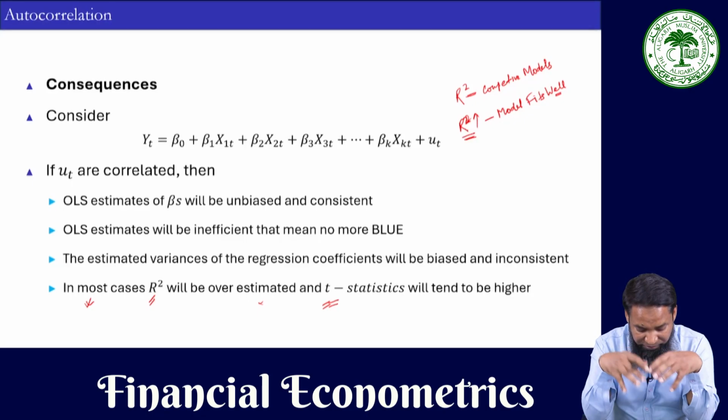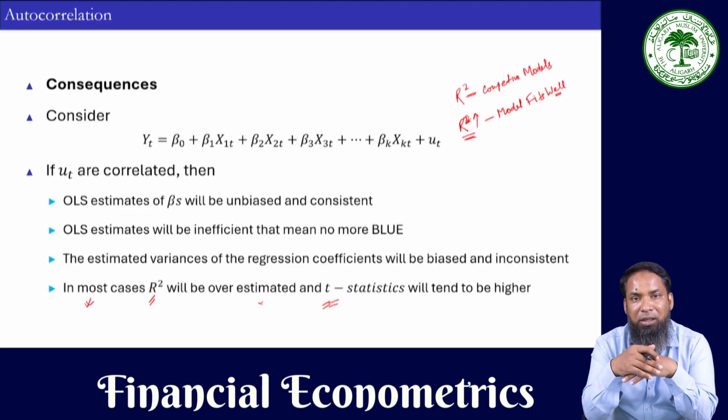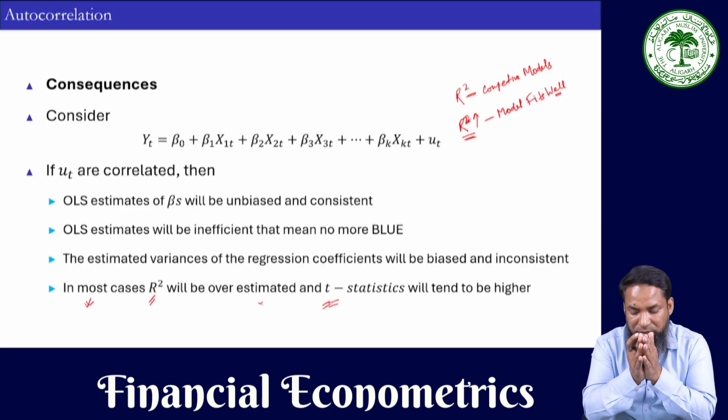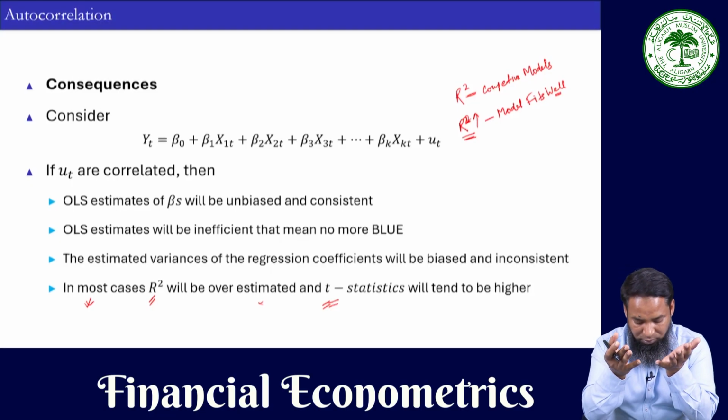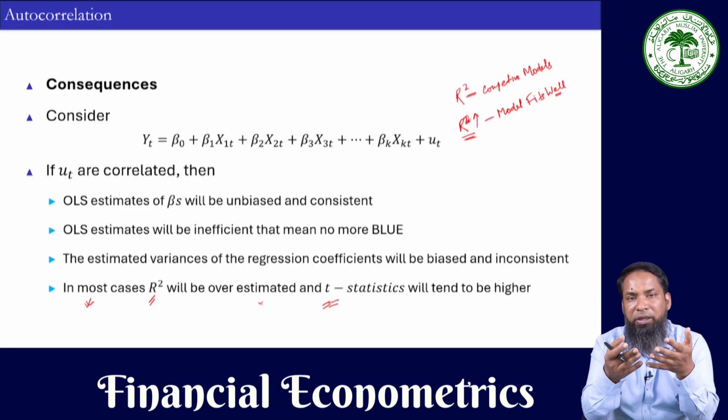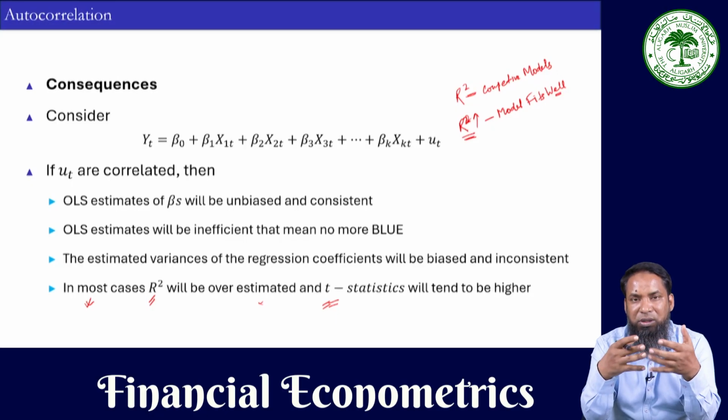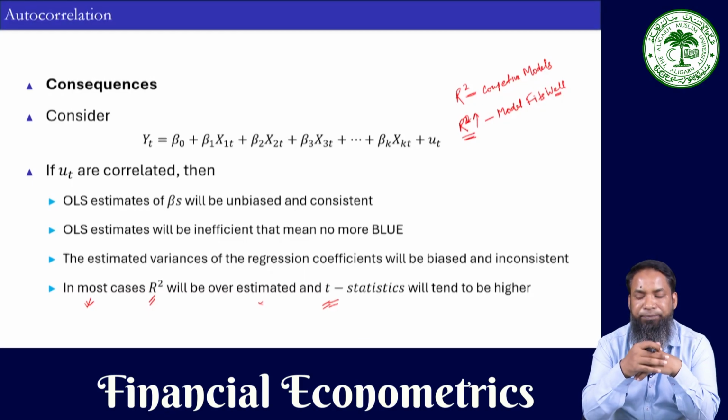In this case, the R square could be high as well as the t statistics could be high, giving a desirable property which we want in any regression model. However, that could be due to the presence of autocorrelation, not because it is a good estimated model. So, whenever we use this linear regression model, we have to be careful about the assumptions.